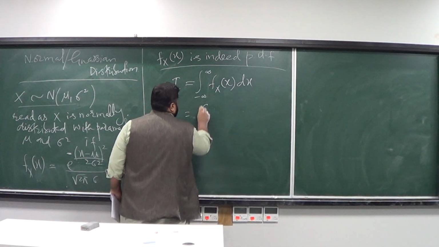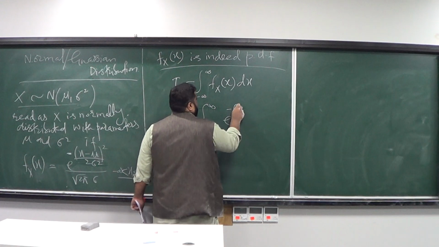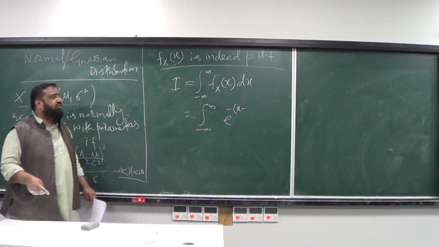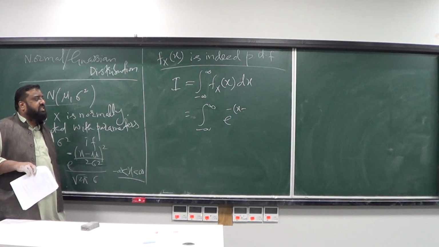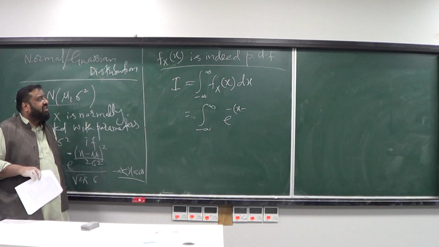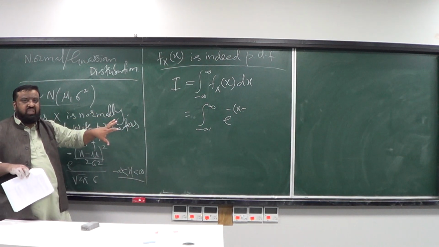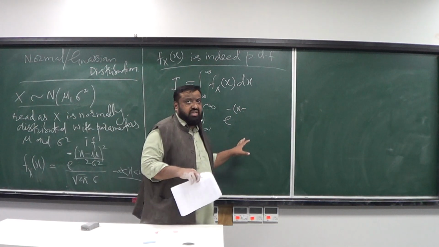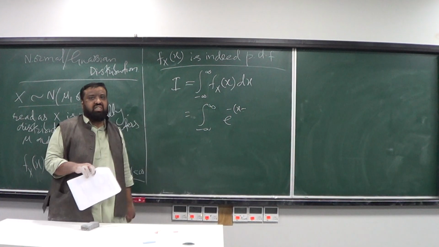So what if I, minus infinity to infinity, e to the minus x. I'm going into the details of these tedious calculations because it's important to learn how to do computations with the Gaussian integral, because many situations will come where you have to do such computations.